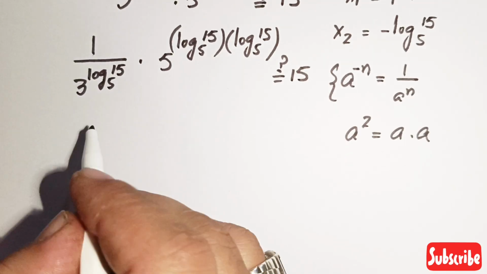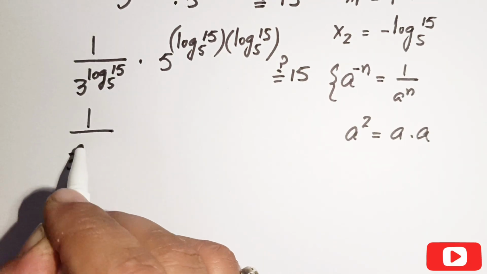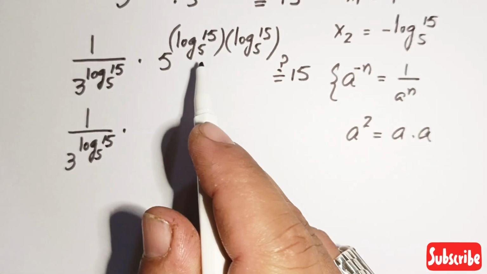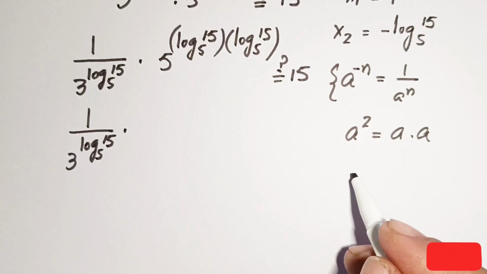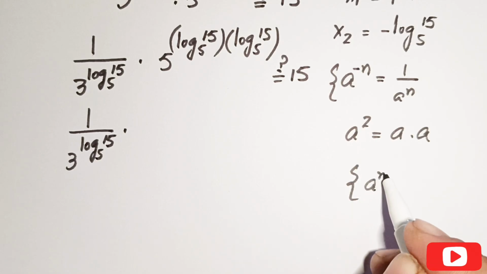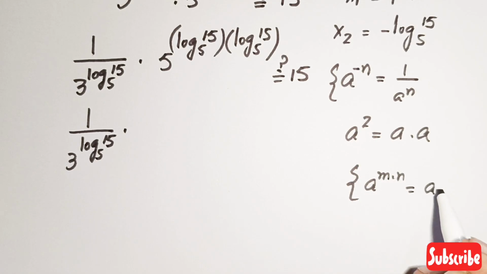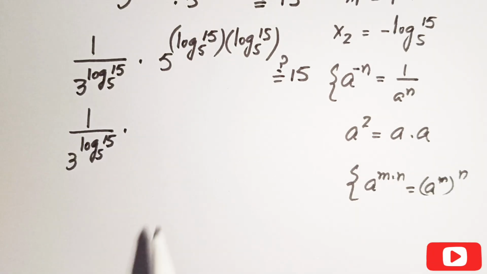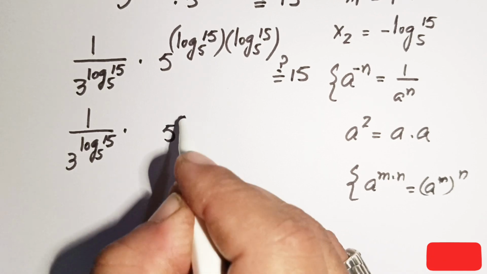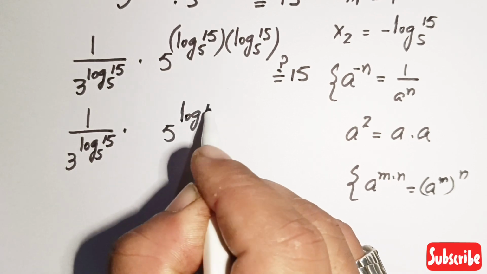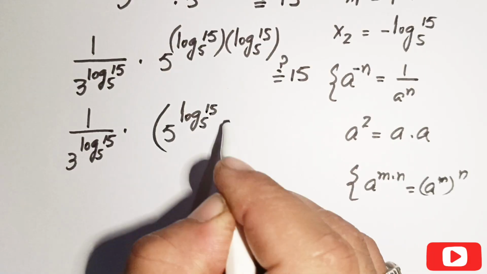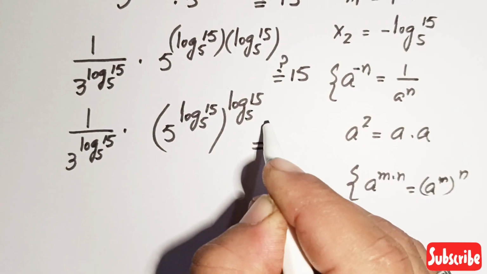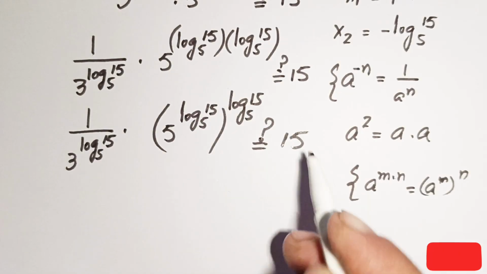Now our next step is 1 over 3 to the power log 15 to base 5 times, here we can use this property: a to the power m times n is equal to a to the power m whole to the power n. So it will be 5 to the power log 15 to base 5 whole to the power log 15 to base 5. Is it equal to 15?